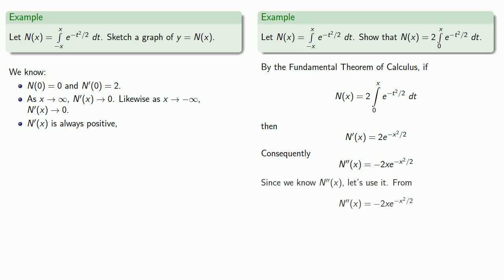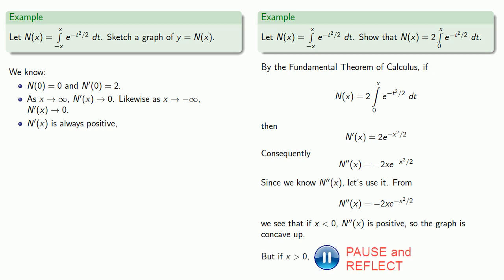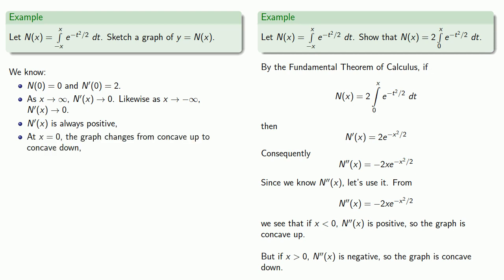So from our second derivative, we see that if x is less than 0, our second derivative is going to be positive, so the graph will be concave up. On the other hand, if x is greater than 0, our second derivative is negative, so the graph is concave down. So that means at x equal to 0, the graph changes from concave up to concave down.